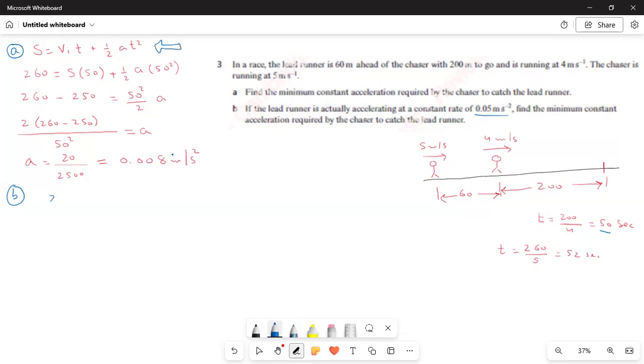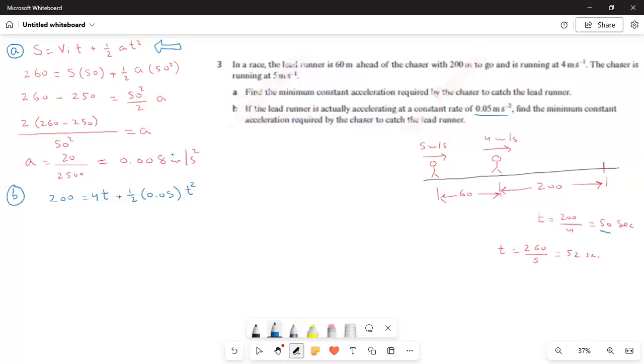So s, the distance he needs to cover, is 200 meters. His current speed is 4 meters per second. Time we need to find out, plus half, and the acceleration he has is 0.05, half a and t squared.